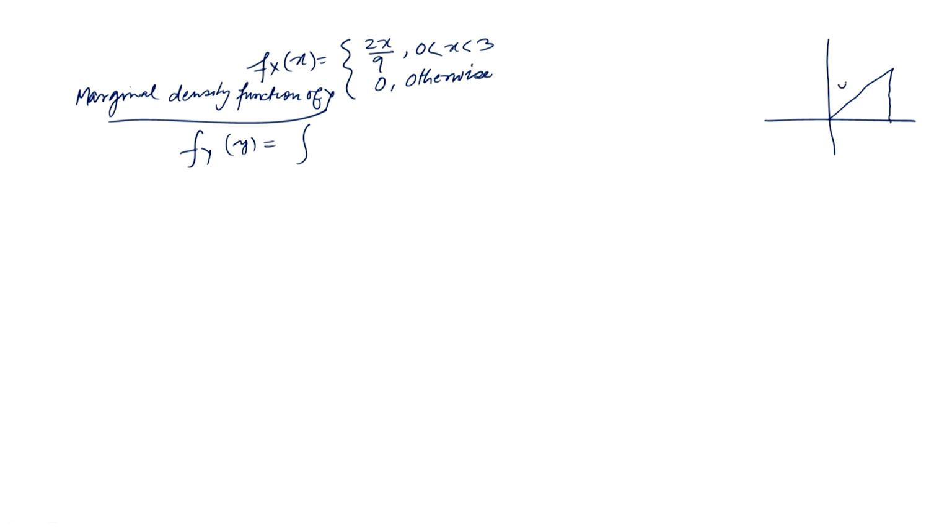This is y equal to 4x by 3, this is x equal to 3 and this is y equal to 0. So, x varies from 3y by 4 to 3. So, 3y by 4 to 3, and f(x,y) dx. So, this is the integral from 3y by 4 to 3 of 1 by 6 dx.